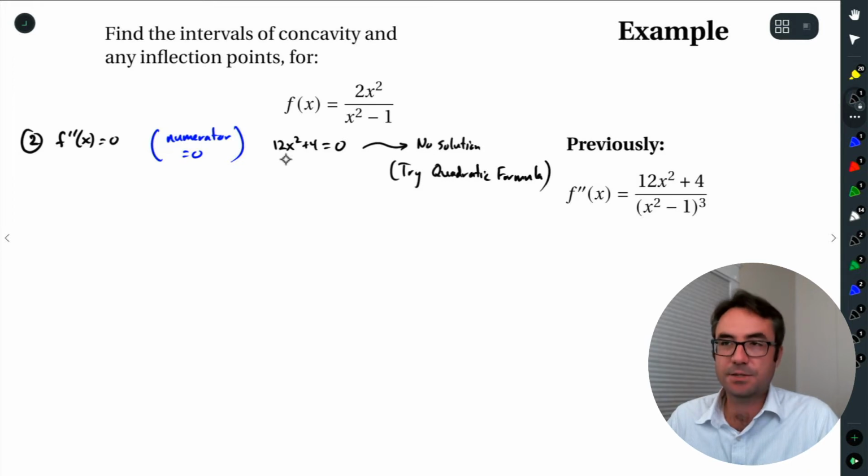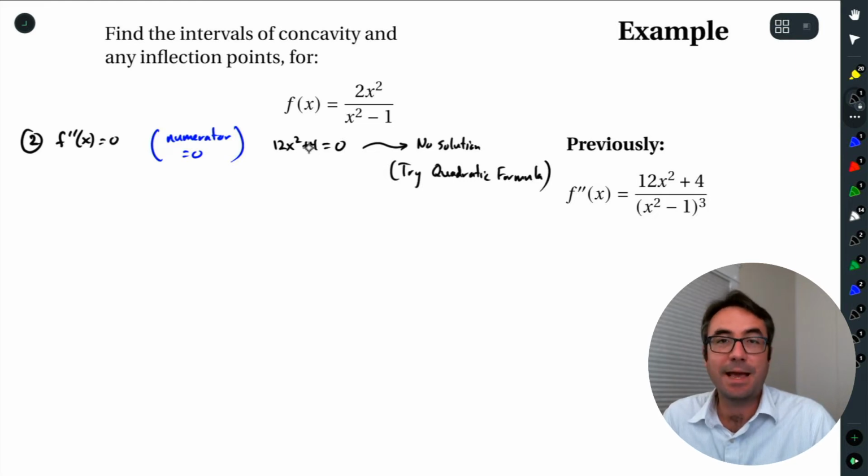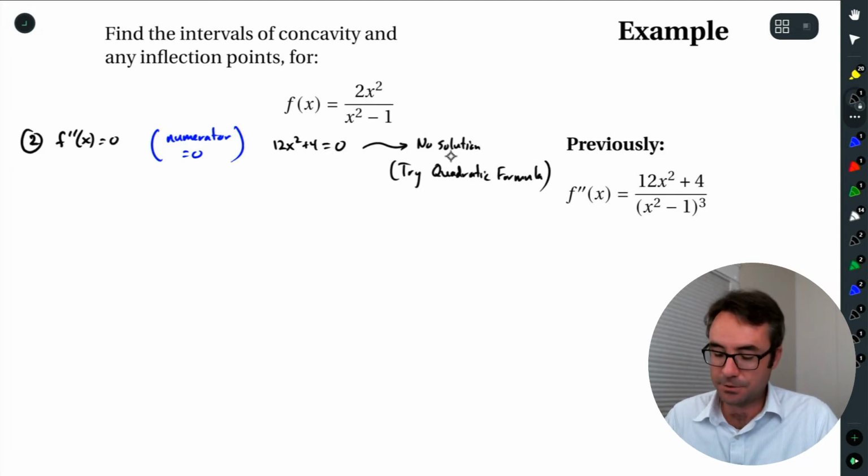So if you have an x squared here plus a positive number, you're never going to take x squared and add in a positive number and get 0. It's like trying to add 2 positive numbers together. You're never going to get 0 doing that if you're talking about real numbers. So there's no solution here.